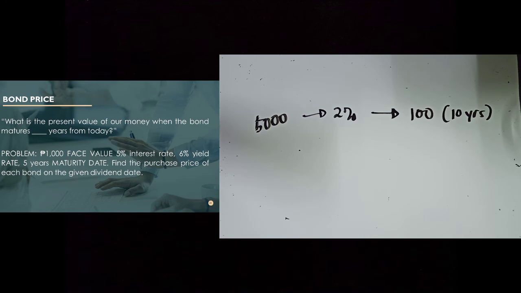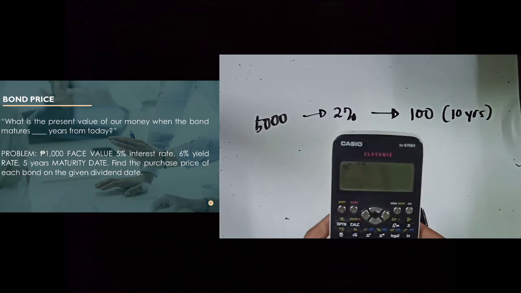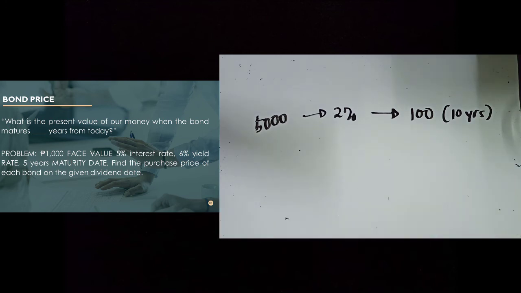And your annual interest payment is 100 pesos for 10 years. Ibig sabihin, magmamature yung bond mo after 10 years. Okay? So, regular mo matatanggap itong 100. So, overall, magkano yung mababalik sa'yo? Magkano yung matatanggap mo? So, 5,000 and 100 multiplied by 10. So, 100 times 10 is equal to 1,000. Ibig sabihin, ang matatanggap mo overall ay 6,000 pesos. 5,000 na puhunan, then 1,000 na tinubo.